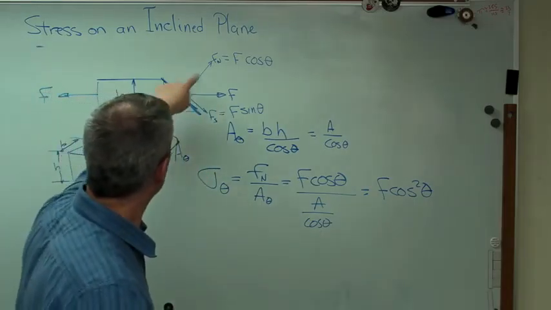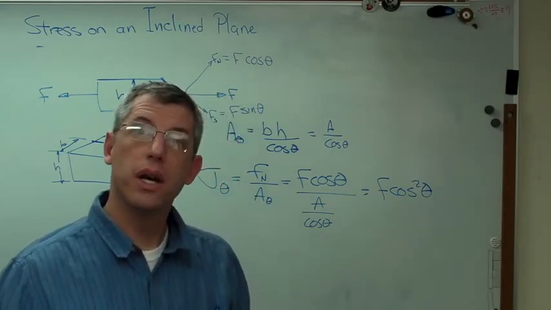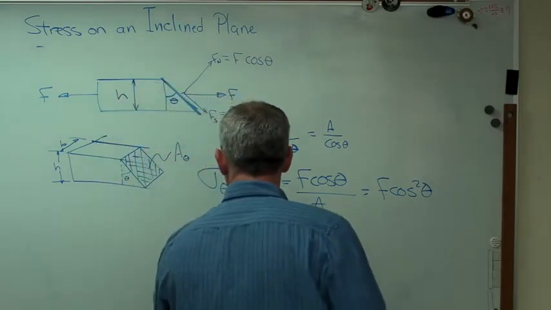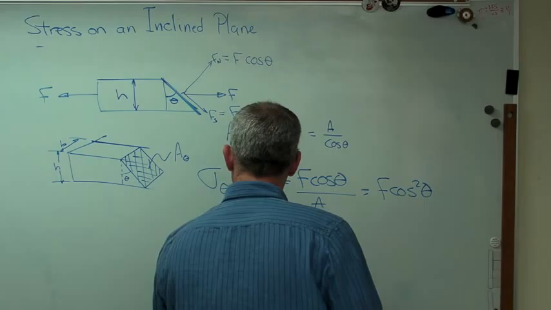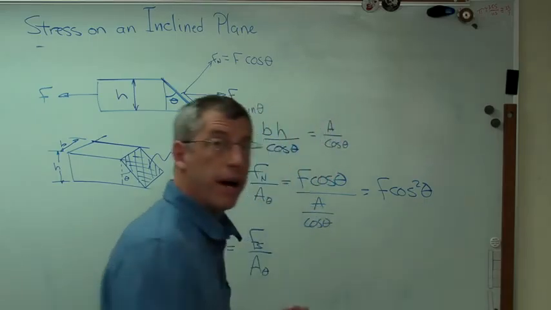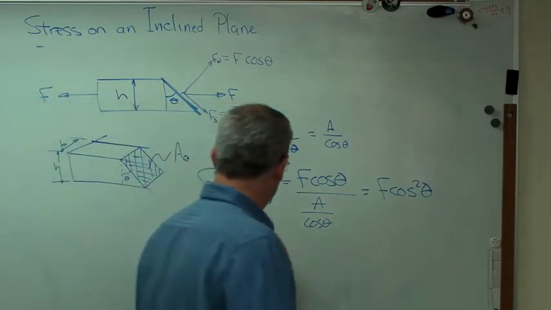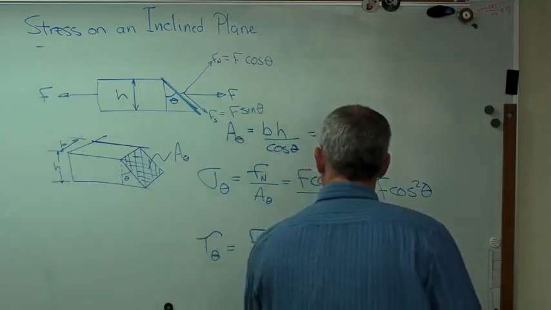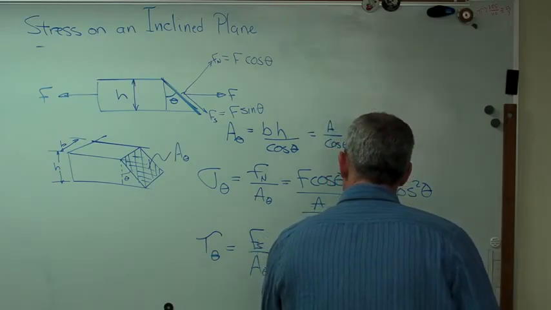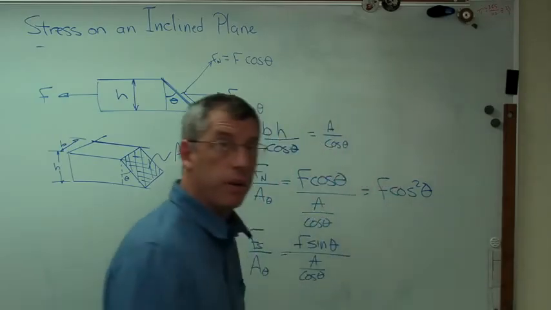Well, if I figured out the normal stress on that angled face, I ought to be able to figure out the shear stress, and that works the same way. I need the shear force divided by the area on that angled face. So the shear force is F sine theta, and the angled face is A over cosine theta, just like we did before.